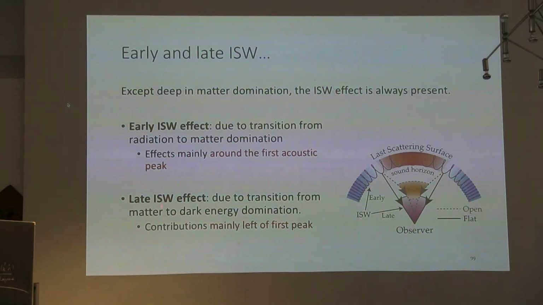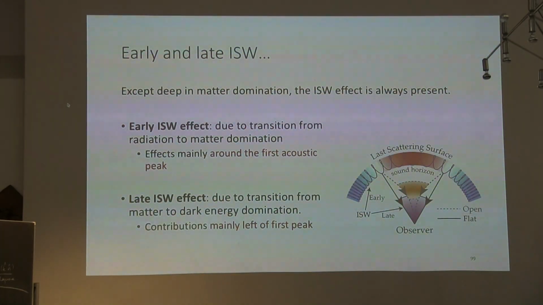The late ISW effect is related to the transition from matter domination to dark energy domination. Okay? And this is a very recent thing, and the contribution of this late ISW effect to the CMB temperature power spectrum is primarily to the left of the first peak, in fact, at the very low multipoles.